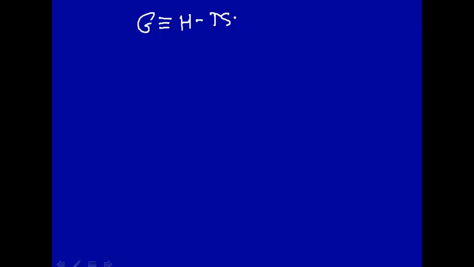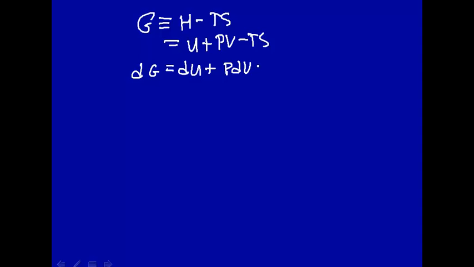S has units of joules per Kelvin, and you multiply it by Kelvin, so TS is energy, and you're going to subtract it from the enthalpy. H is U plus PV, minus TS. So dG will be dU plus PdV plus VdP minus TdS minus SdT.